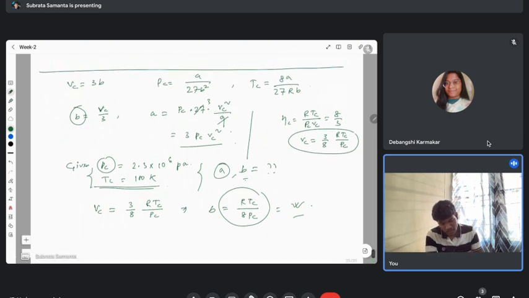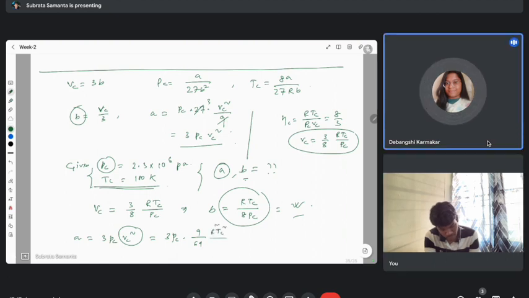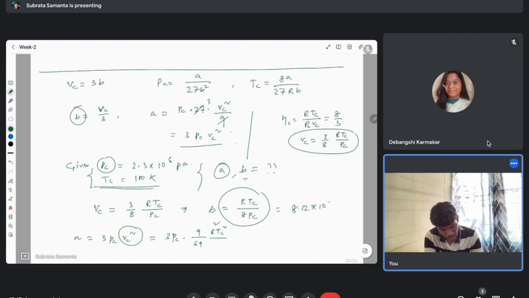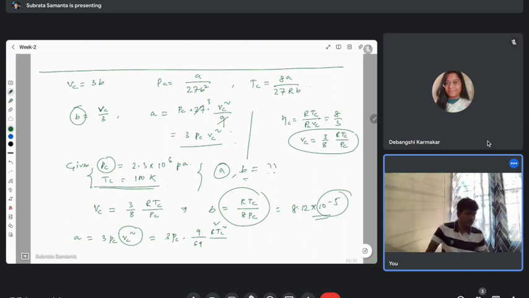Similarly, A we know is 3 PC VC square. So we put that VC in terms of RTC by PC. So it's 3 PC and VC square is 9 over 64 R square TC square by PC square.